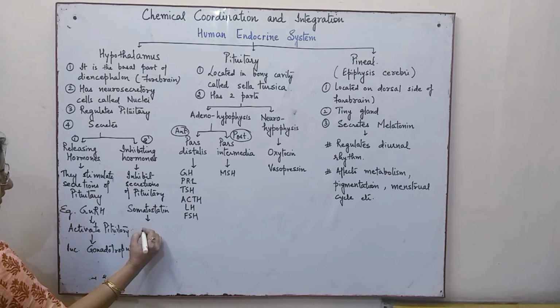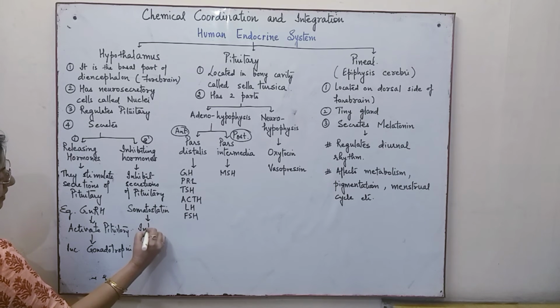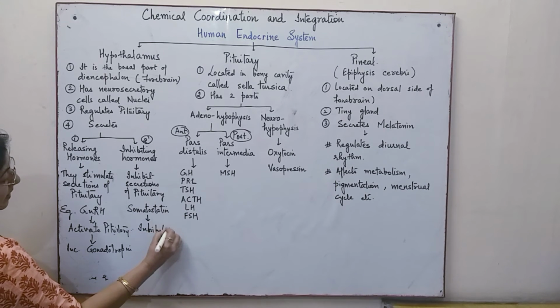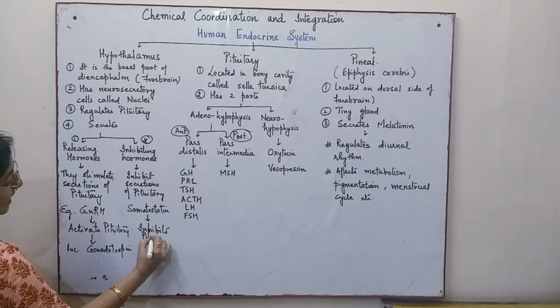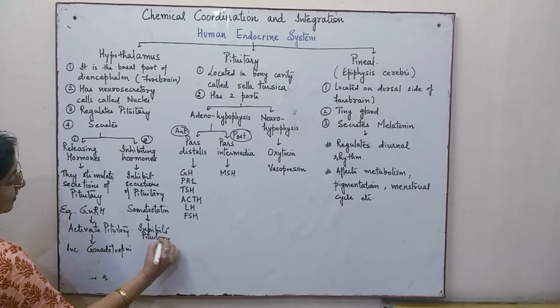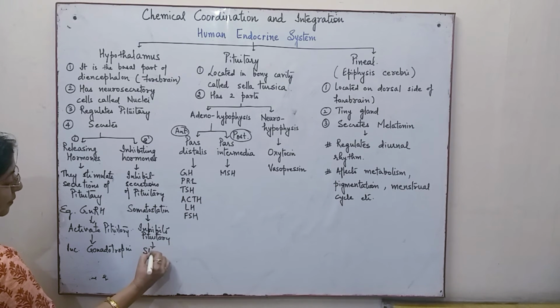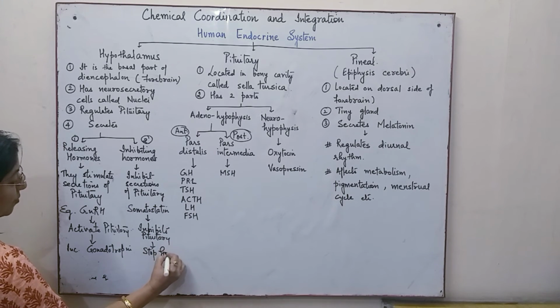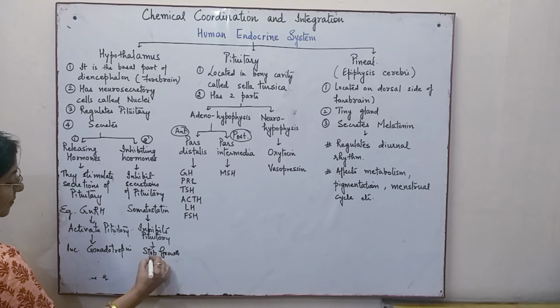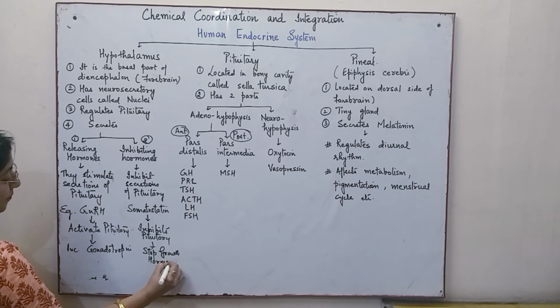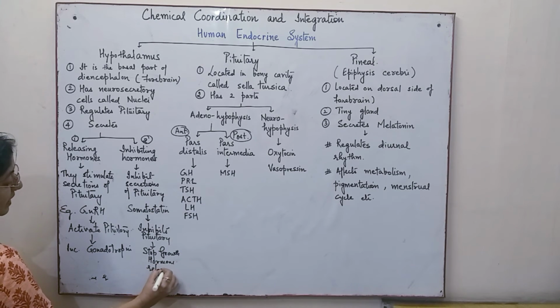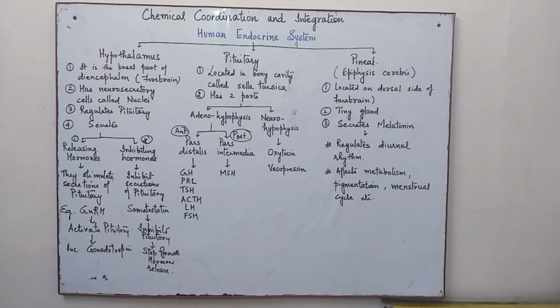So, it deactivates or inhibits pituitary, and over here stop growth hormone release. So you can make out that there is a distinct difference in the bringing of their functioning.